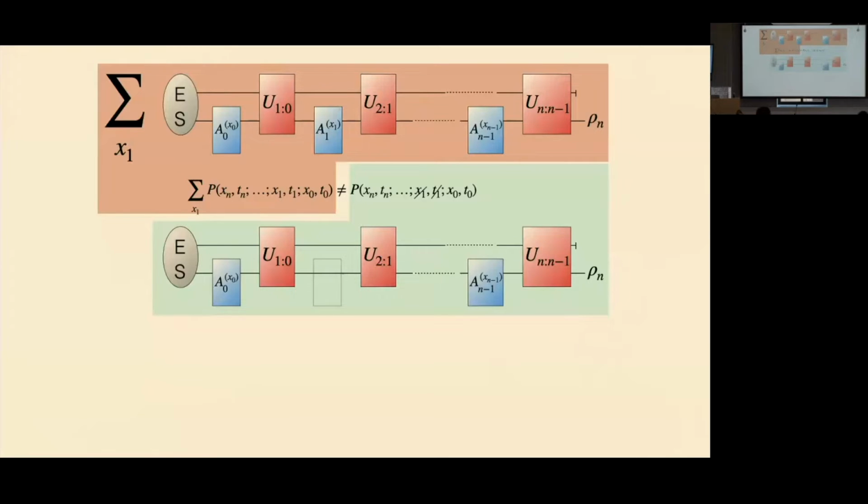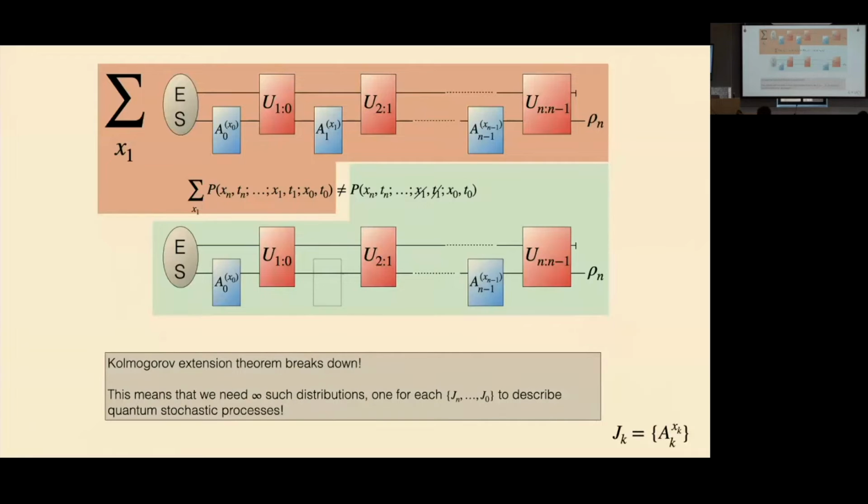That's the challenge. Now, this is particularly bad if we can't come up with a consistent definition of a stochastic process. This becomes problematic. First of all, the Kolmogorov extension theorem has broken down. We can't define a continuous process from which all of these things come out as marginals. Marginalization doesn't work. So we'll have to have infinite possible classical stochastic processes to describe a single quantum stochastic process.